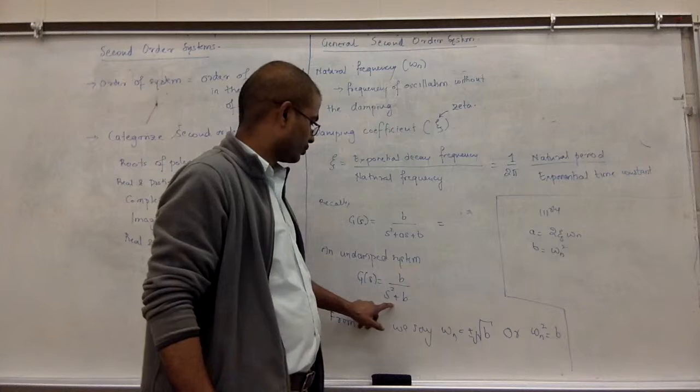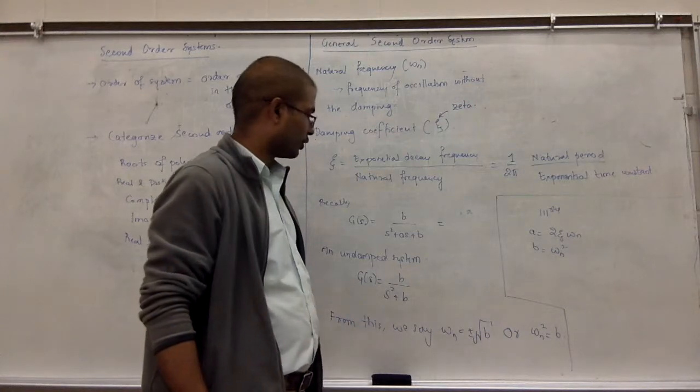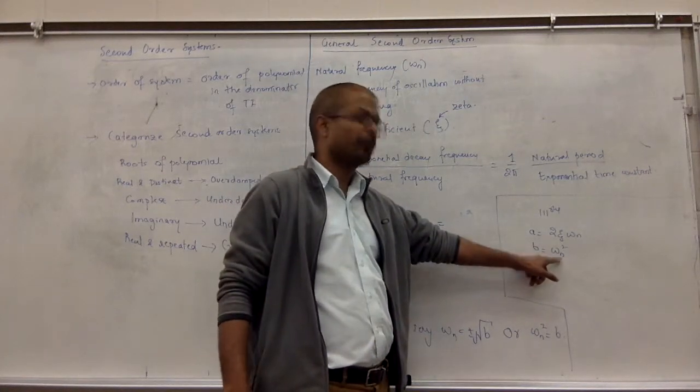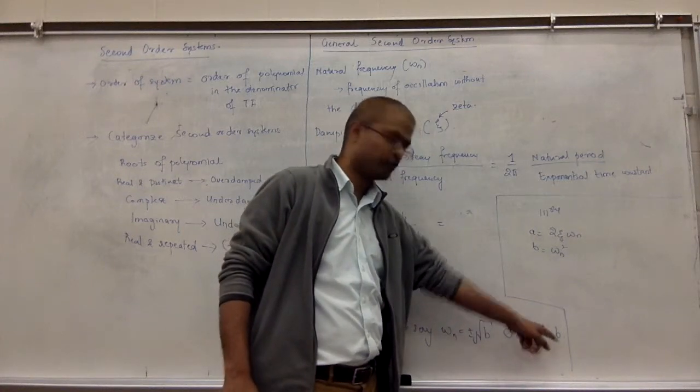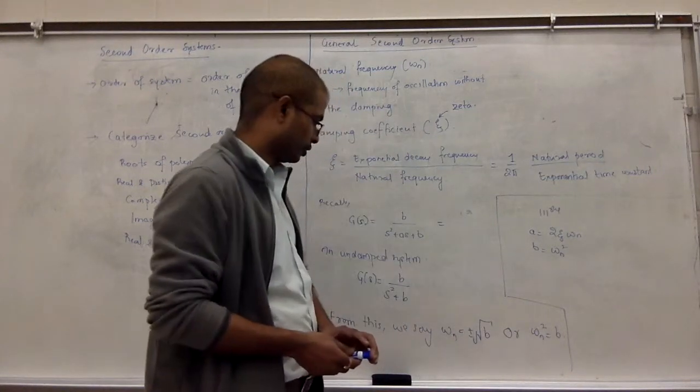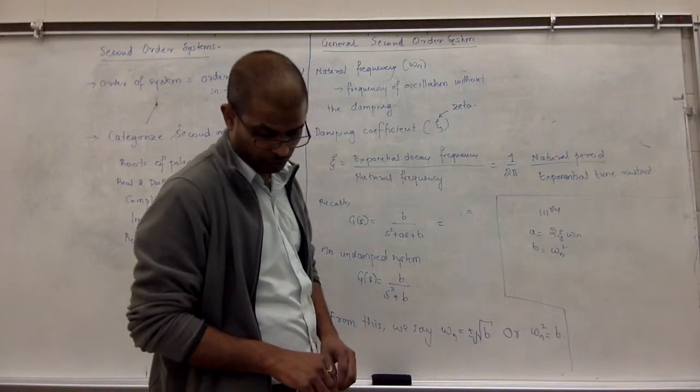So B is actually omega n square. It's not minus, it's omega n square.